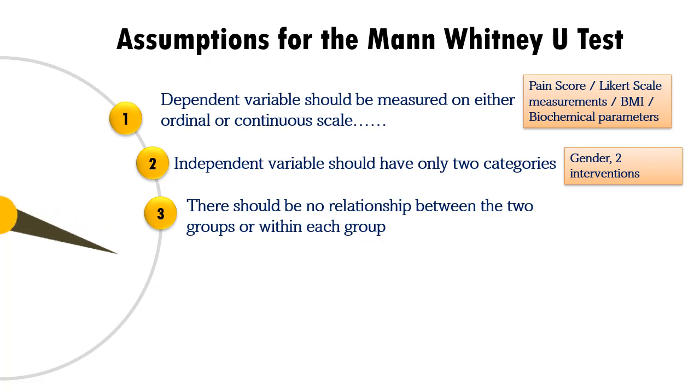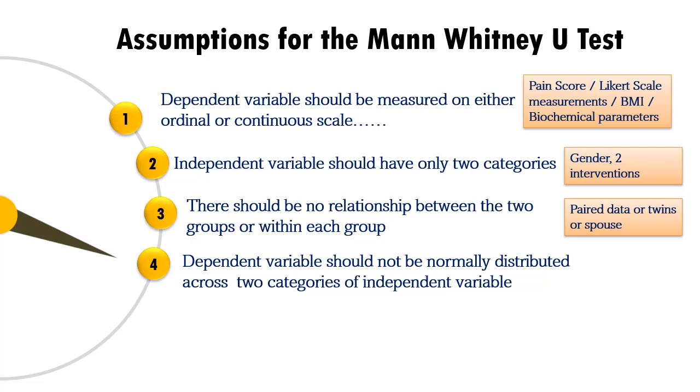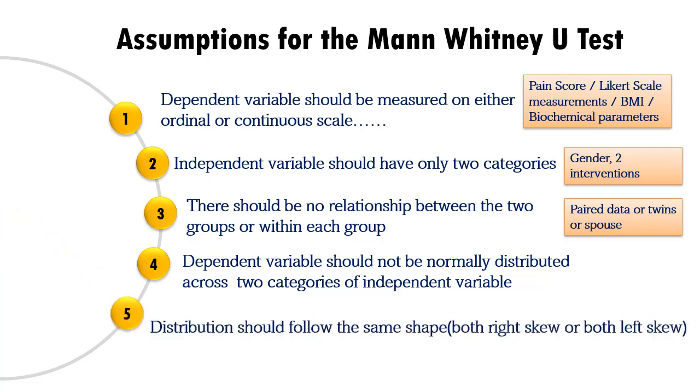The fourth assumption is the dependent variable should not be normally distributed across two categories of independent variable, and the distribution should follow the same shape. That means if it is skewed, then both distributions should be right skewed or both should be left skewed.